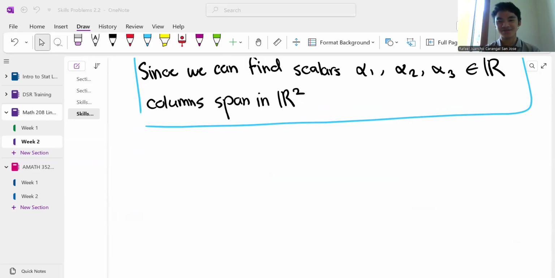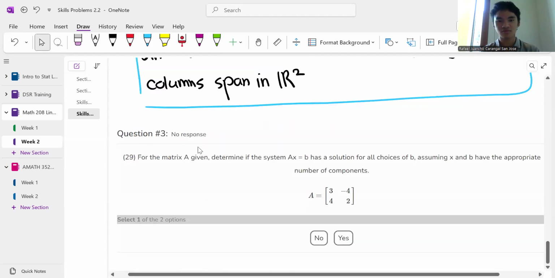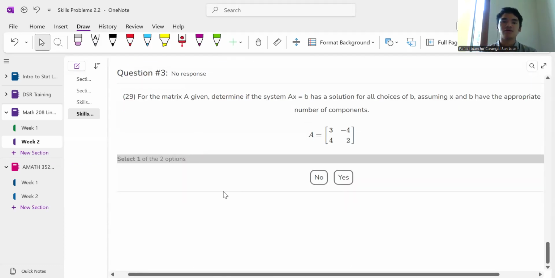Okay, let's go through question 3 real quick. Now, question 3 is telling us yes or no. Uh-oh. The weird thing is I can't really see what I'm looking at. Right. So here for the matrix A given, so this is a matrix.